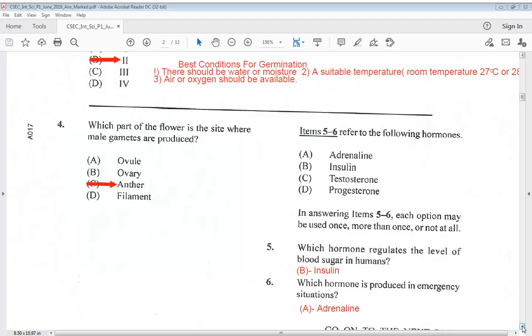D. Progesterone. In answering items 5 to 6, each option may be used once, more than once, or not at all. 5. Which hormone regulates the level of blood sugar in humans? The answer is B, insulin. 6. Which hormone is produced in emergency situations? The answer is A, adrenaline.